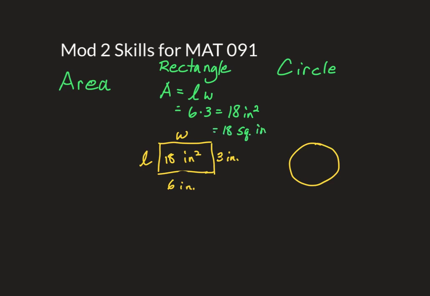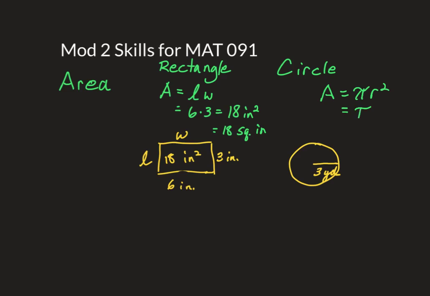Same thing. All right, with a circle, let's imagine that this is a huge circle, and the radius of the circle is 3 yards. So the whole diameter of the circle would be 6 yards. And the area of the circle is pi r squared.